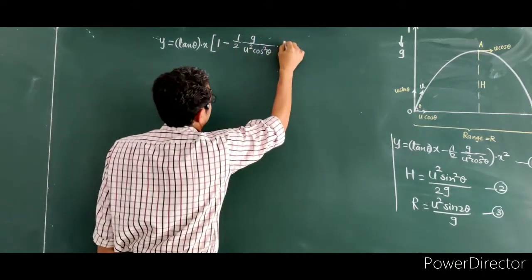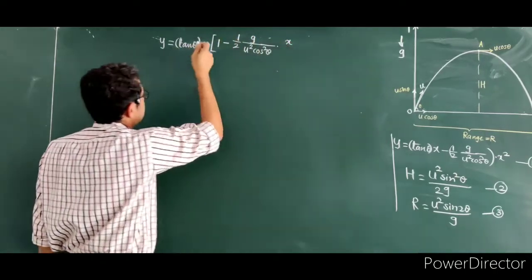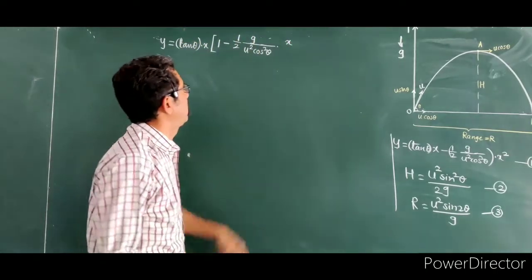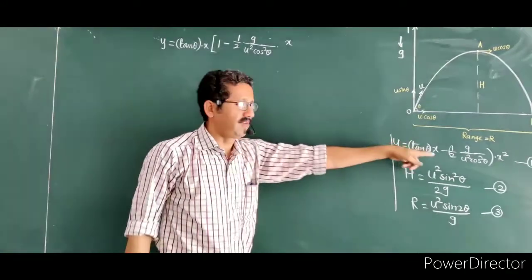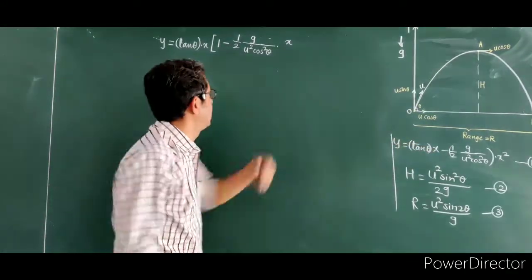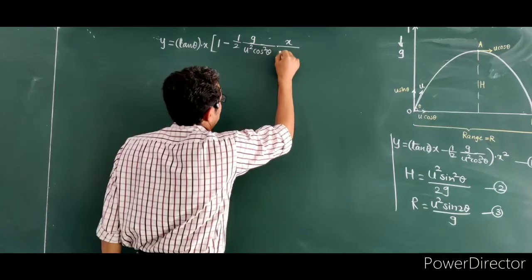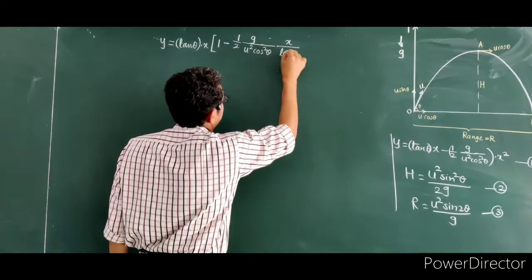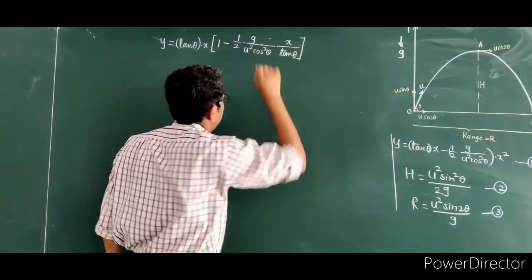One term of x has been taken out of this, and one more tan theta I have taken out, but there was no term of tan theta here. So I must keep this tan theta term in the denominator. So it's going to be tan theta over here. That is what it will give.